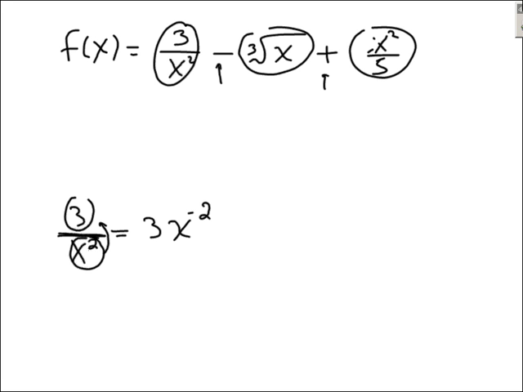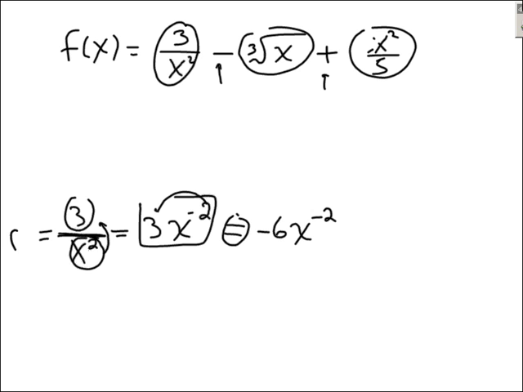Instead of 2, it's negative 2. Now I can take the derivative. Notice that I haven't been writing equal. Let me take the derivative first. We multiply, we get negative 6, and we make the new power 1 less. So it becomes negative 3. Now this is not equal. This is f of x.